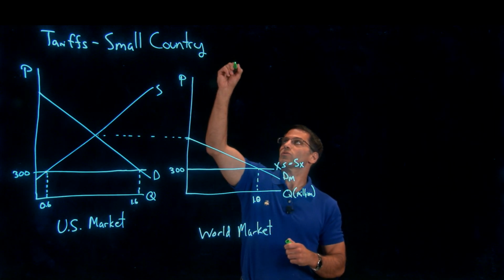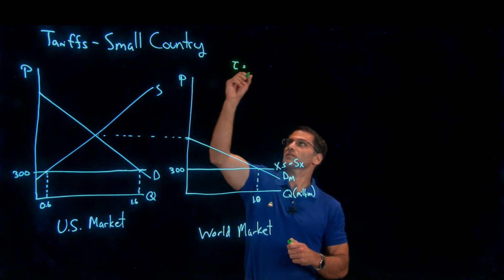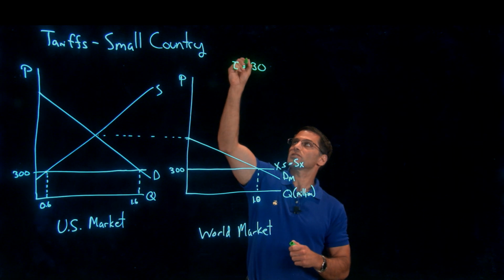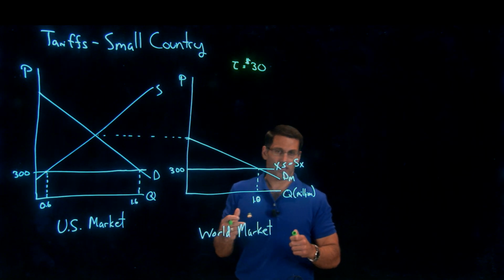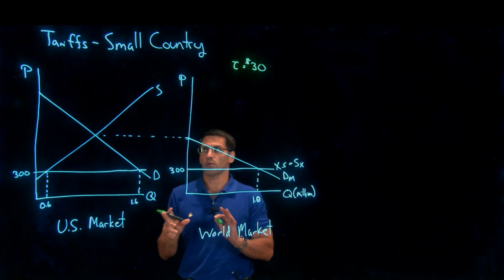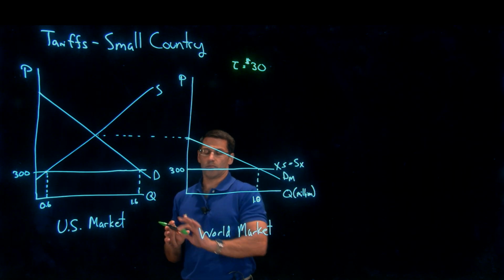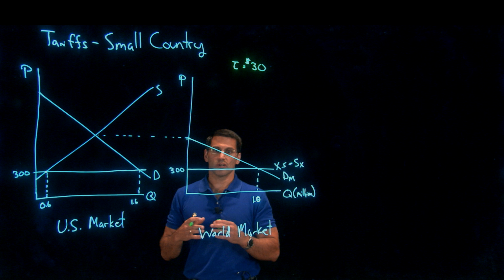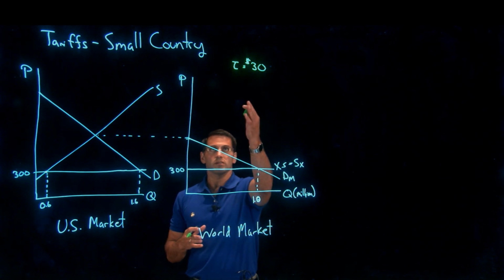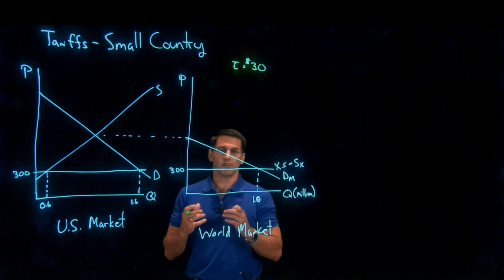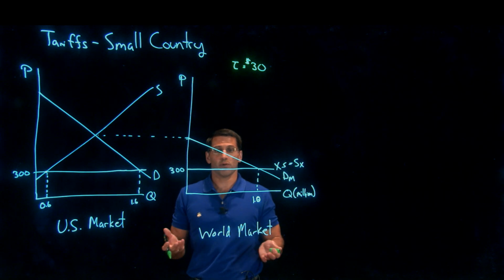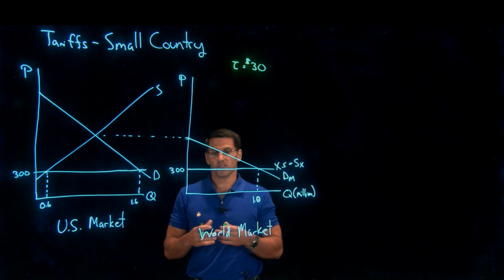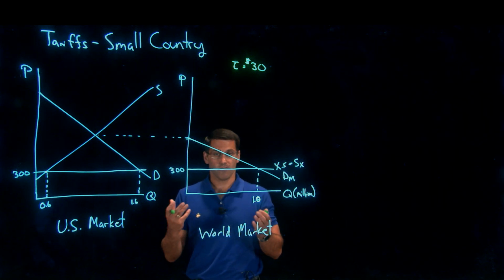And note, we're stating the tariff in dollar terms rather than percentage terms. So it's important here, I want to pause before we go into analyzing the tariff graphically and talk about the distinction between this kind of tariff, where it's stated in dollar terms, and what we actually see in practice, which is that tariffs are usually stated as a percentage of the value.